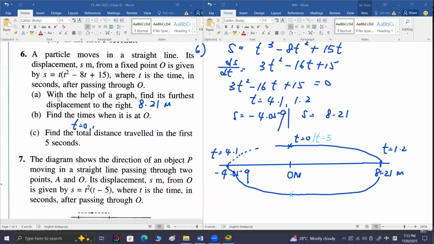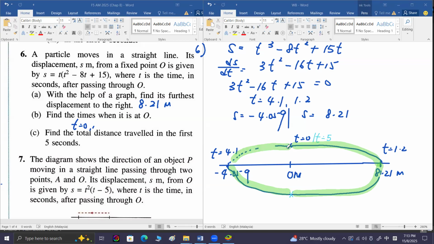Okay, listen to me. When t is 0, it moves like this. Here, 8.21. Another 8.21. 4.059. Another 4.059.